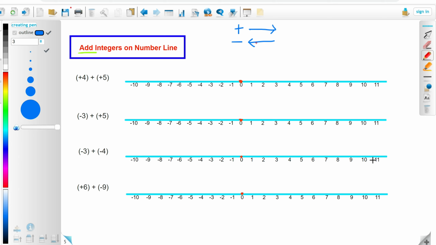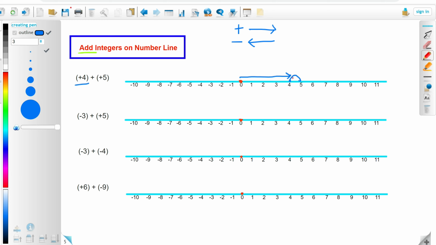Let's do an example. Okay, so we are saying that we have a number which is plus 4. Now, from 0, let us move right 4 units. So from here, we go 4 units right. So there we go at 4. And now plus 5 means from here, go further 5 units, right? So you go from here further 5.